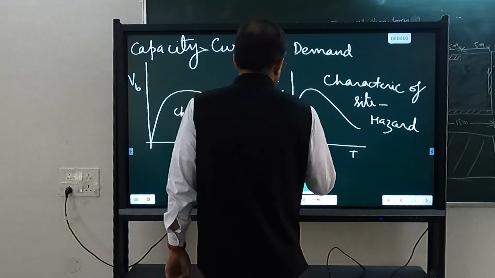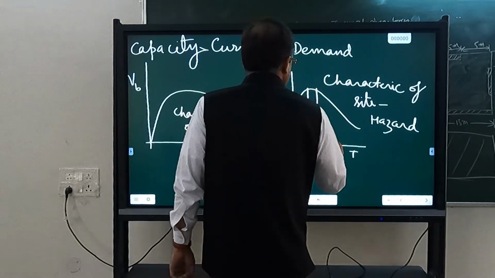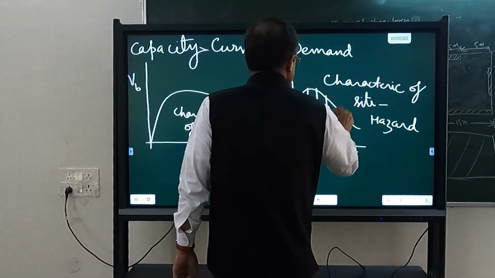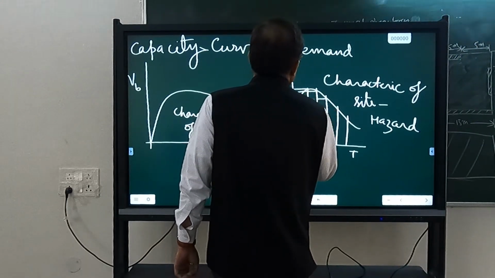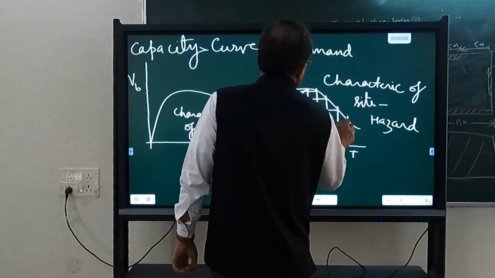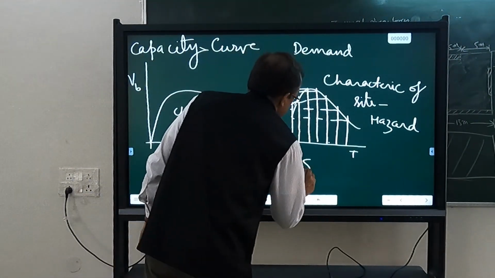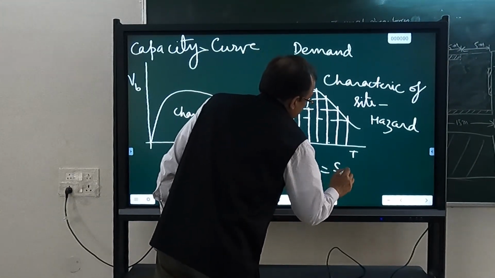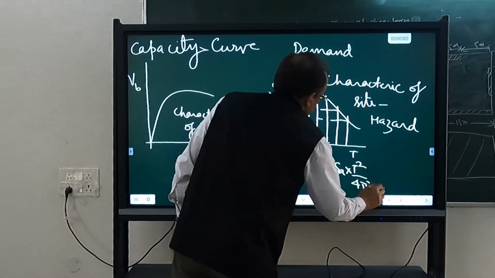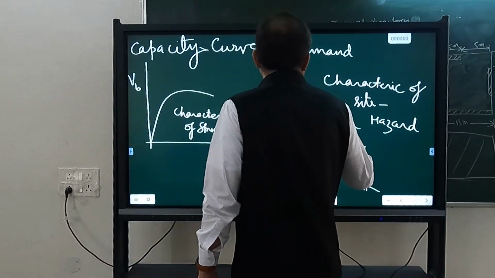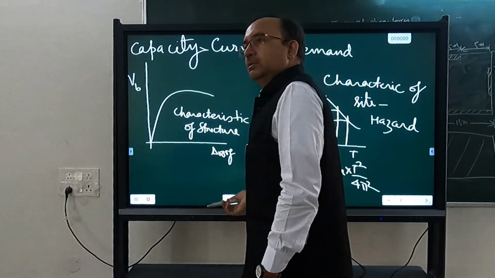Corresponding to every period, I will take different values of period, and corresponding to every period, I can calculate SD. So I can calculate SD, and rather than plotting SA versus T, I can plot SA versus SD.